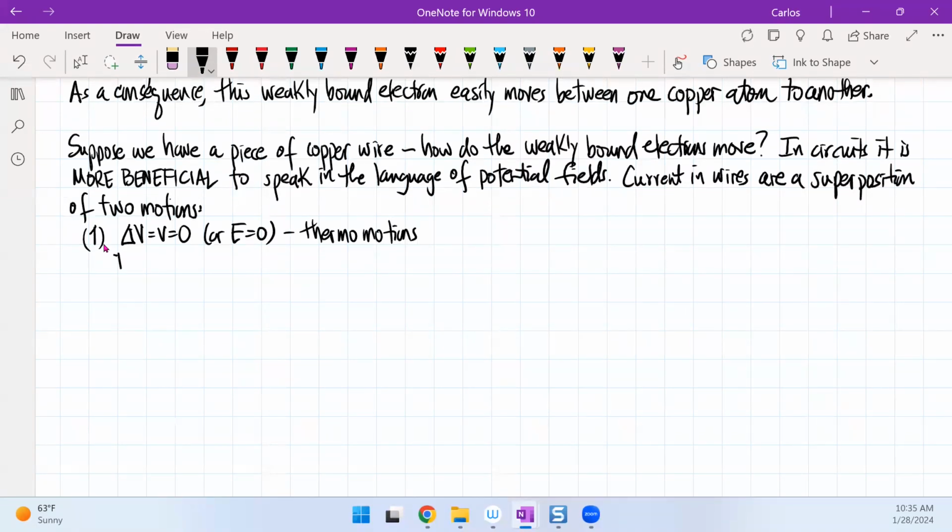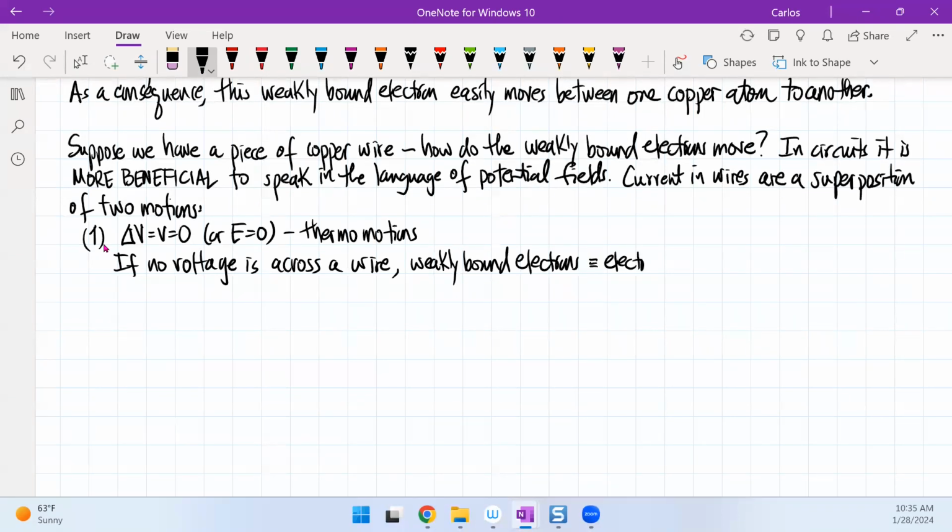So if no voltage is across a wire, weakly bound electrons, and from now, I'm going to stop saying weakly bound, and I'm going to just say electrons, because those weakly bound electrons are the only ones that can move.